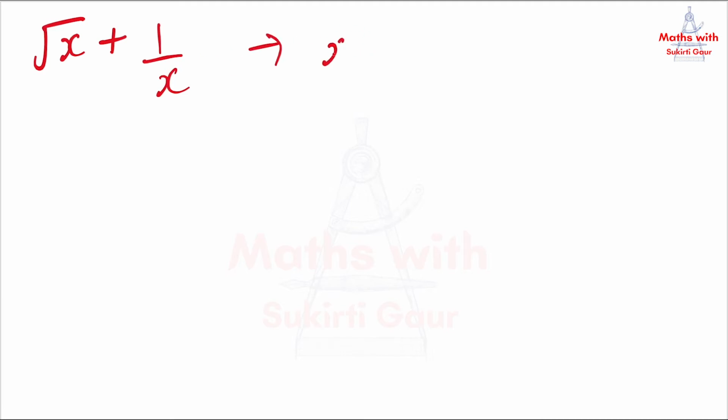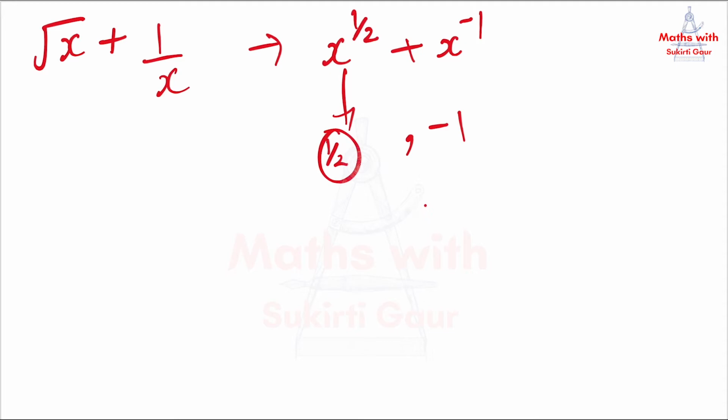Because root x is nothing but x to the power 1 by 2, plus x to the power minus 1. Here the first term has a power of 1 by 2, which is not a whole number, whereas the second term has a power of minus 1, which is also not a whole number.